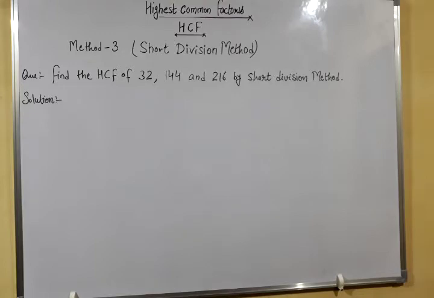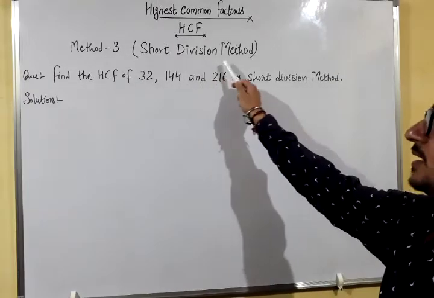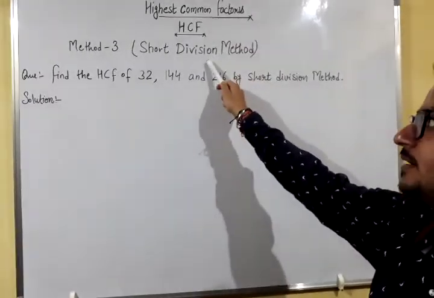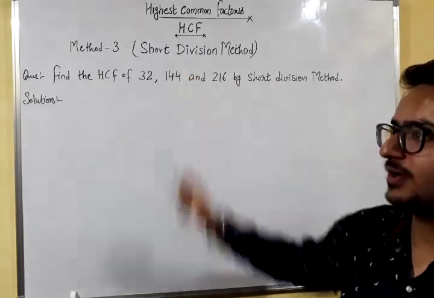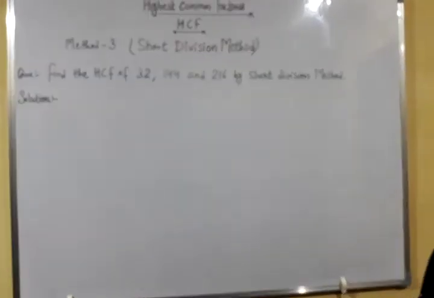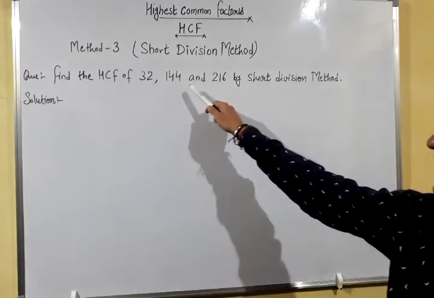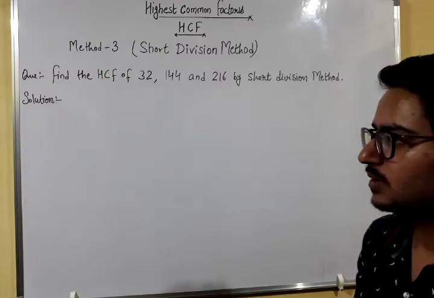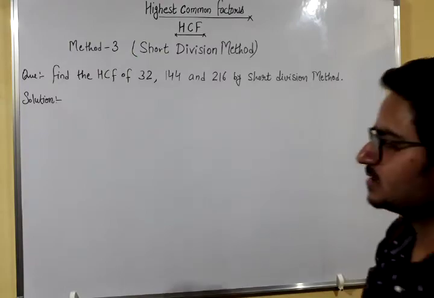In this video, we will study how to find HCF by short division method. Yes, in this method, as its name suggests, we will find the HCF by division, but that division will be a short division. It means we will not divide 32, 144 and 216 completely. So let's start this method.